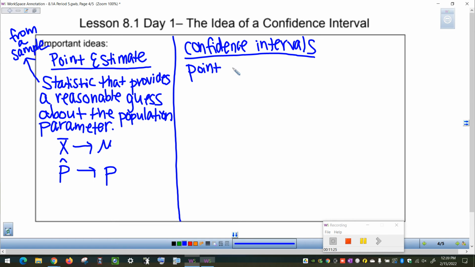So first we have this formula for what creates our confidence interval, and that is a point estimate plus or minus a margin of error.